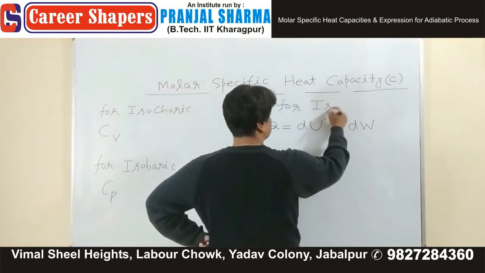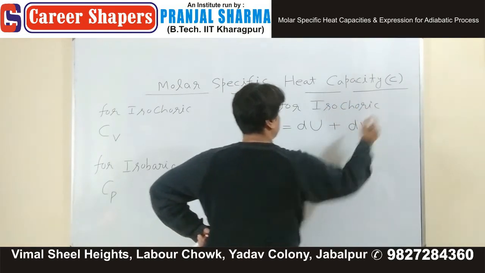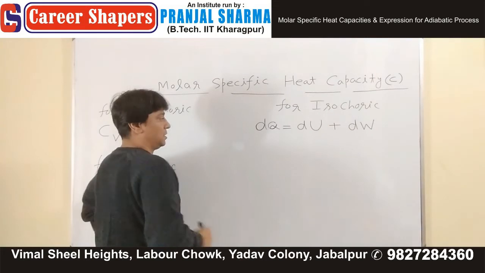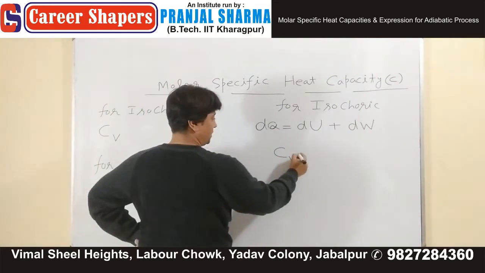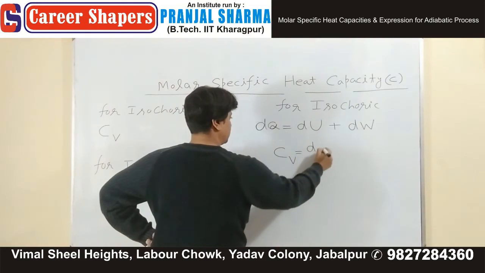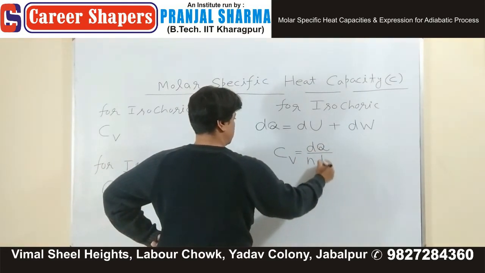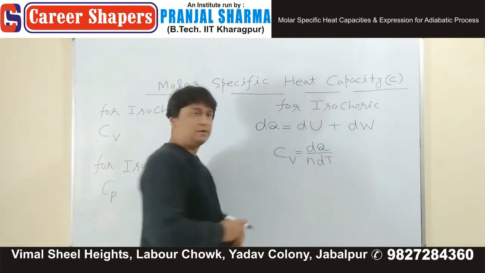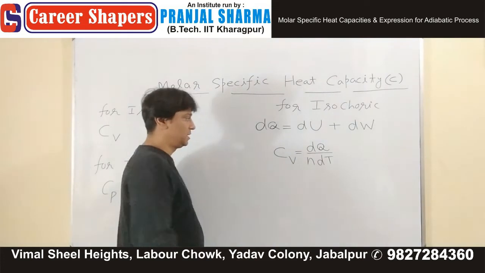And we are interested in the isochoric part first. So what is C? CV. What is CV? dq upon n dt. C has the name of CV, which is dq upon n dt.